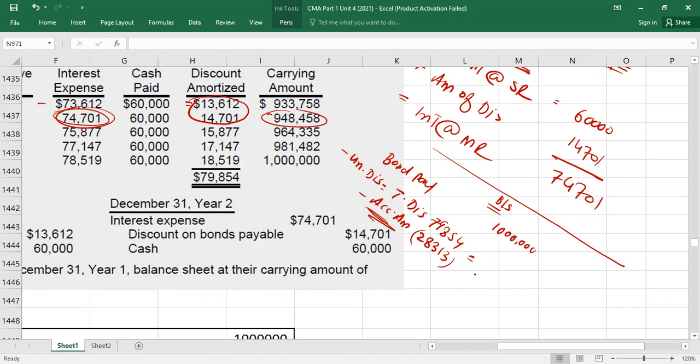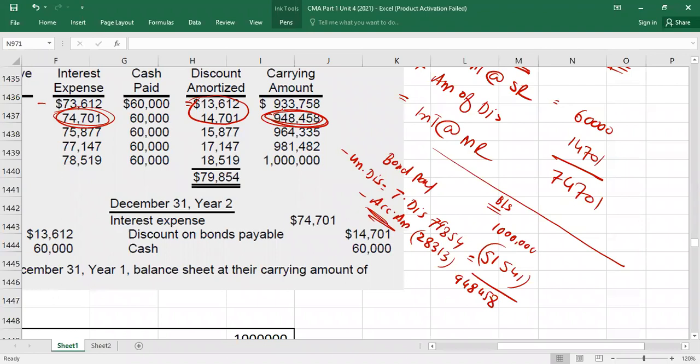What is it? 79,854 minus 28,313 is 51,541. And deducting that, it should be 948,458, because this is the value of the liability at the end of the second year.